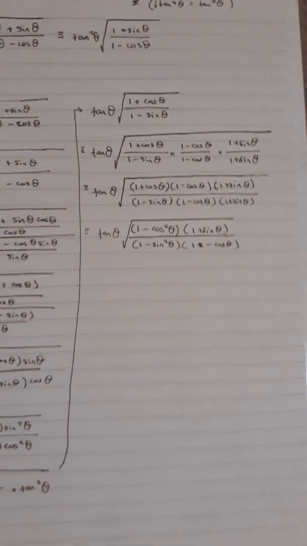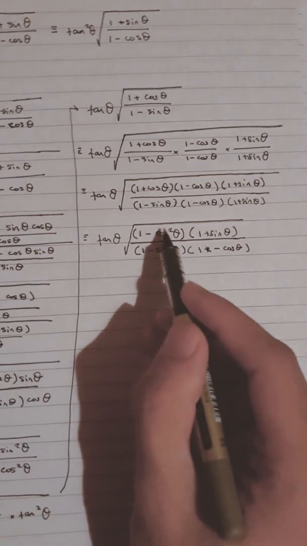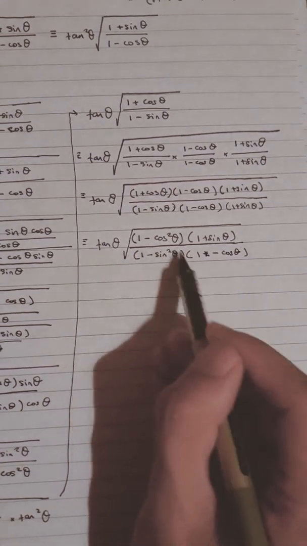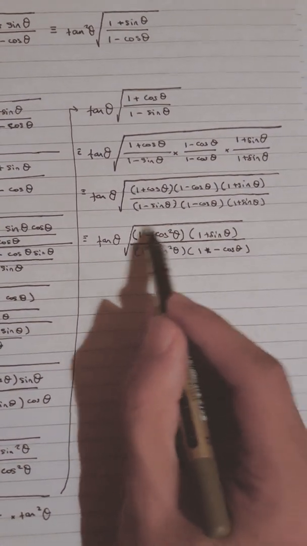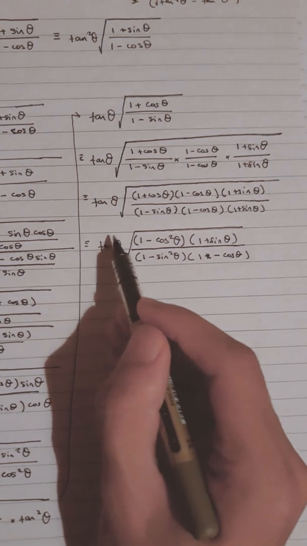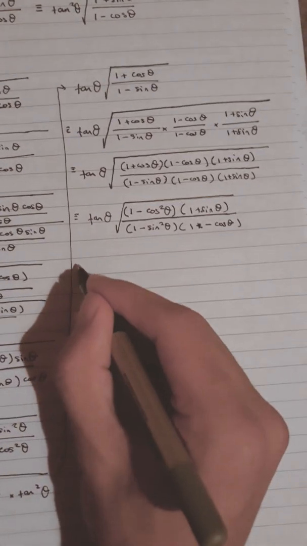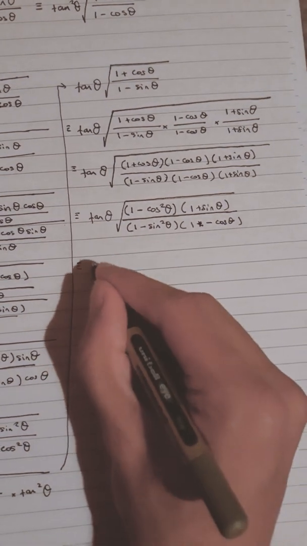So I really like this development because essentially we've got sine squared theta here and we've got cos squared theta here, and so we've got tan squared theta here, which we can bring out, and we're pretty much done actually, and I'll show you what I mean.